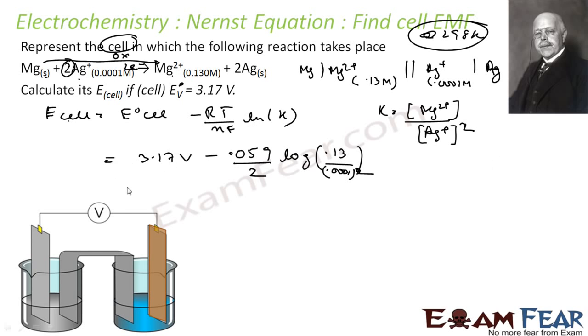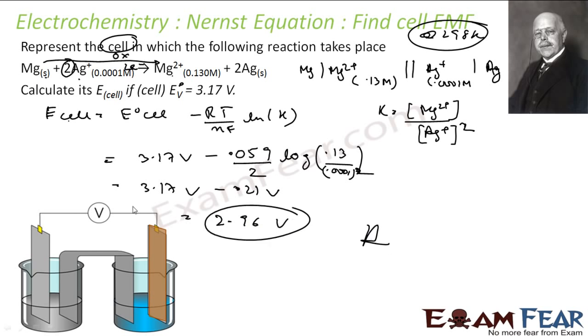You solve this: this is 3.17 V, you solve this as 0.21 V, and the answer is 2.96. So if you see, there is a drop in voltage. The standard voltage is 3.17, but the actual voltage is 2.96 because the concentration is not 1 molar.